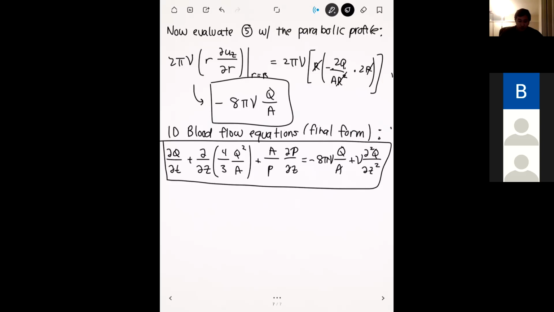And so that's the momentum equation. A lot of work to get here, but we got it, right?